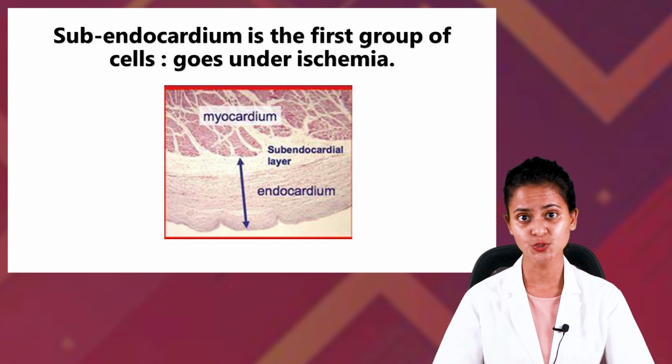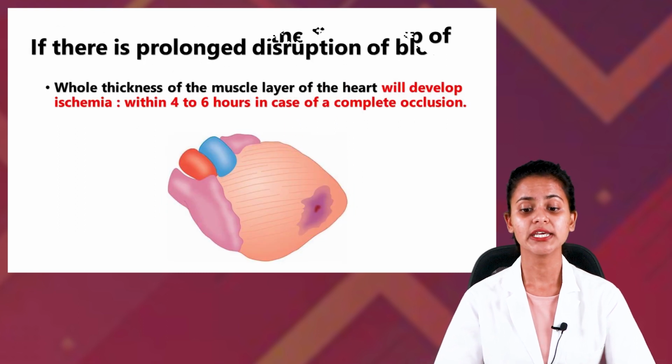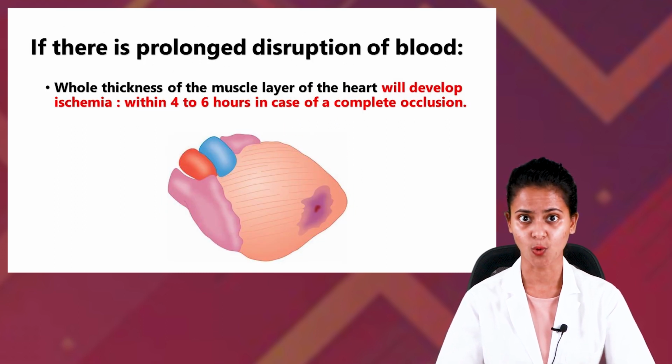Just to note, the subendocardium is the innermost layer of the cardiac muscle. Now, if ischemia persists, it takes approximately 4 to 6 hours for the entire thickness of the heart muscle to become necrosed.